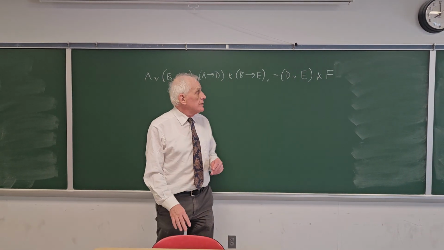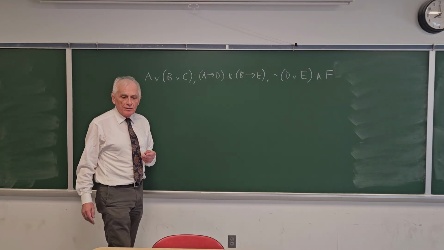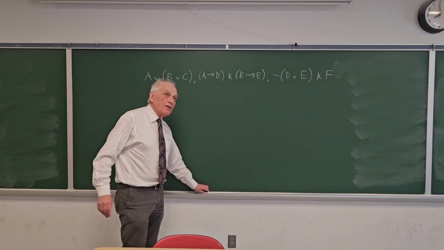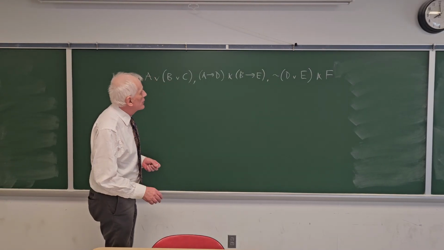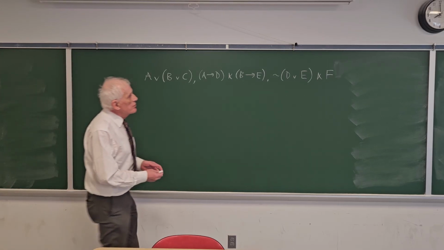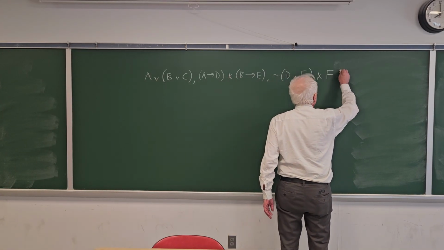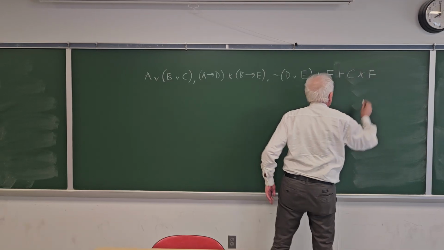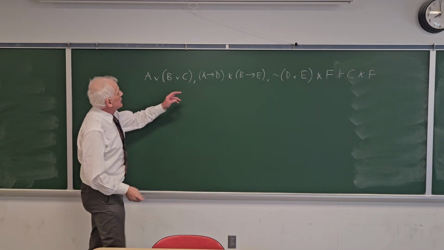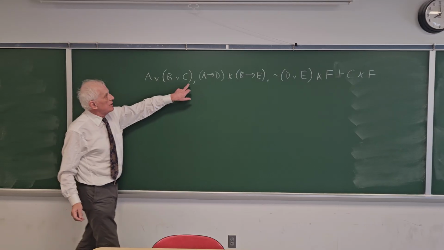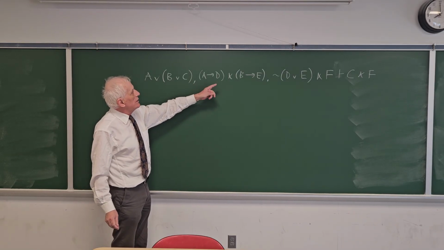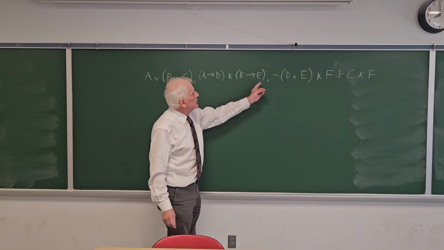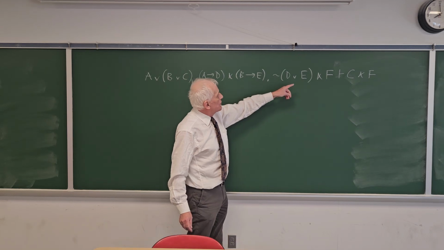So here is an argument represented in the language of sentential logic, what we call a sequent. Sorry, I hadn't put in the conclusion. So we have a first premise here, then the comma separates that from the second premise, and that comma separates that from the third premise.